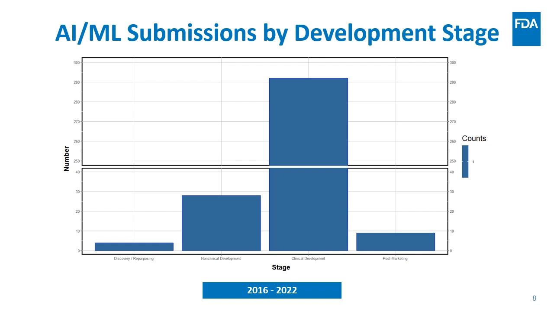There are reported usage of AI and machine learning approaches to understand potential toxicity of a new compound under development and preclinical stage. However, vast majority of the submissions are at clinical stage, with a few submissions centered around unresolved issues after the compound is approved.